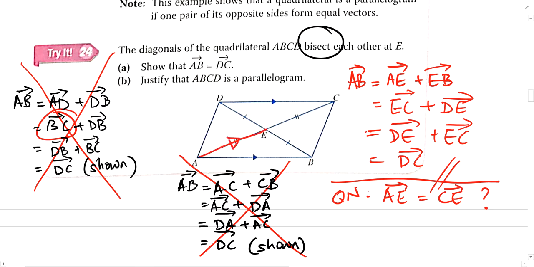AE is a vector from A to E. CE is also a vector, but in the opposite direction. Can you say that they are the same? How can vectors be the same when they are in opposite direction? Can vectors be the same but in opposite direction? No, cannot.